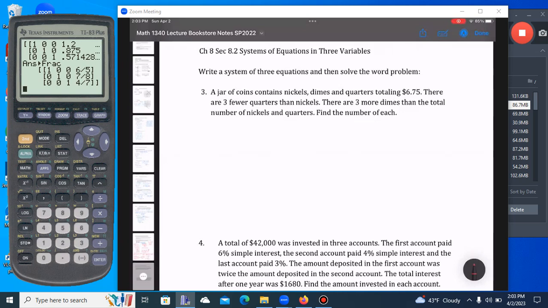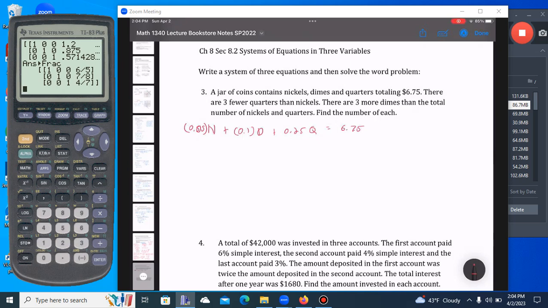Okay. So now let's say we have a jar of coins that contains nickels, dimes, and quarters. The total is $6.75. So we're going to do N for nickels, and a nickel is 5 cents, so 0.05 for the nickel, plus 0.1 for the dime times how many dimes, plus 0.25 for the quarters times how many quarters, and that has to equal 6.75.